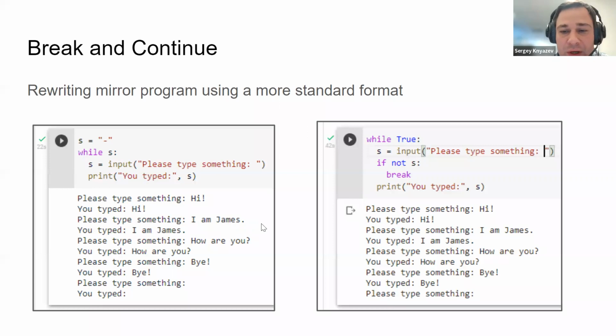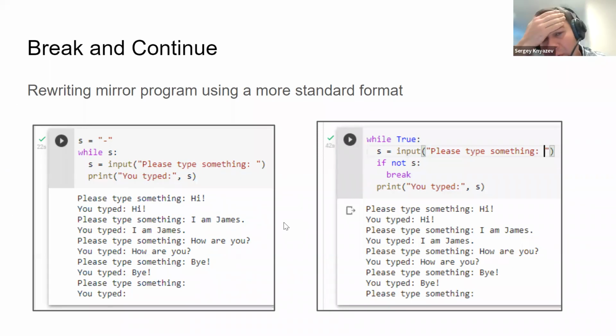So remember that we had the first program when we interacted with the user, right? So we ask him to type something, and if he typed something, we printed it. Otherwise, we stopped. So in this example, we had to initialize this variable and check this variable every time.